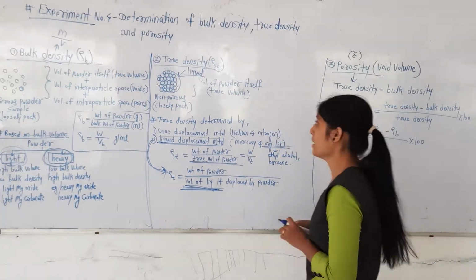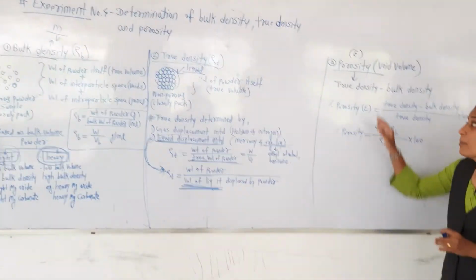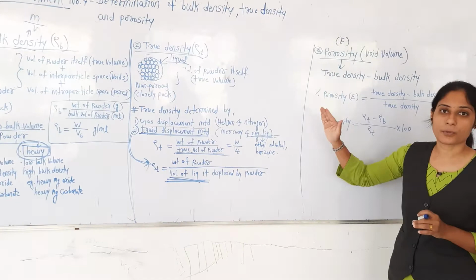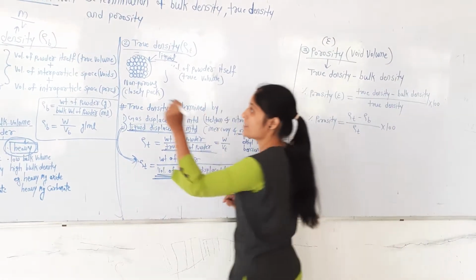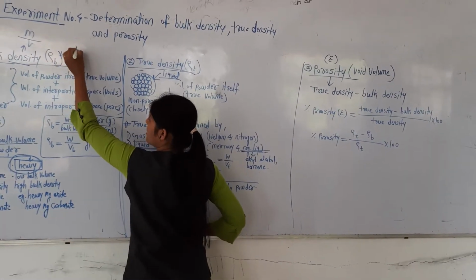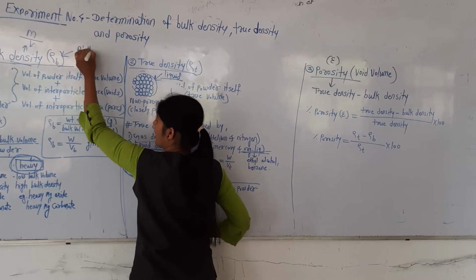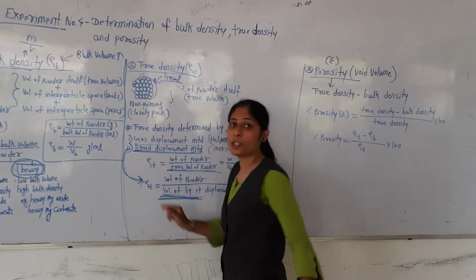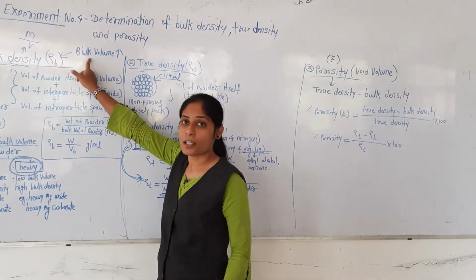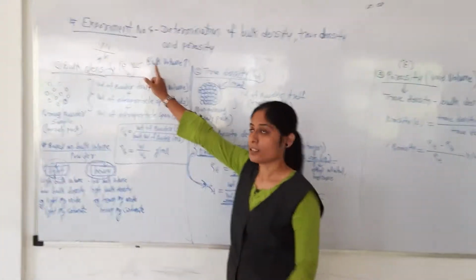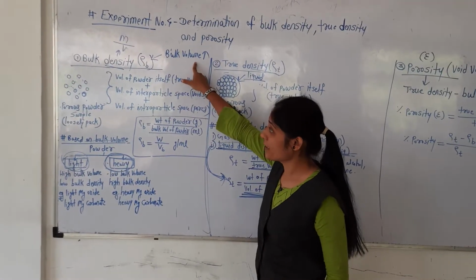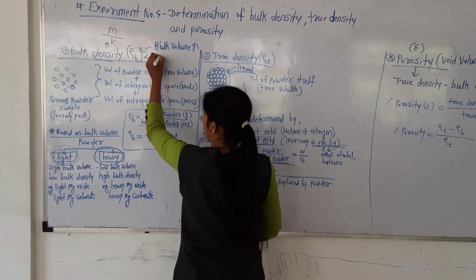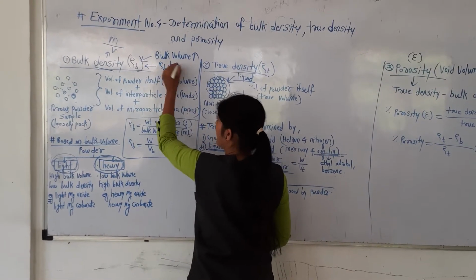Next, third, we have to determine the porosity. So what is the porosity? After we determine the bulk density and true density, see here, in bulk density the bulk volume is higher. Due to the bulk volume being higher, the bulk density, that is rho b, decreases.